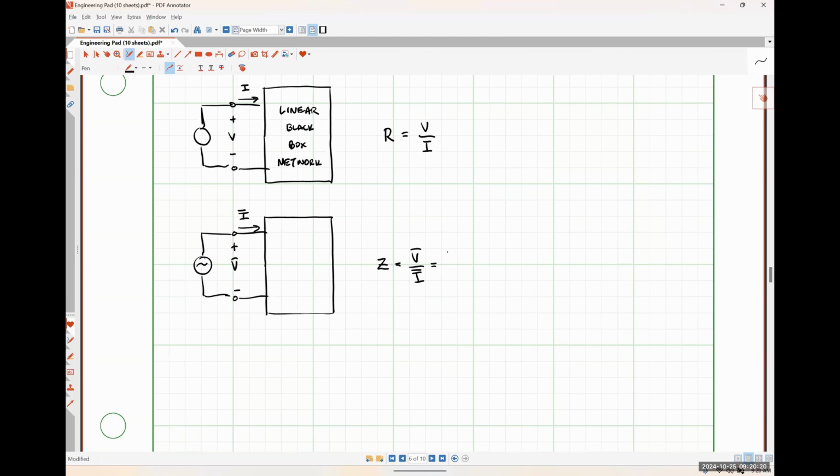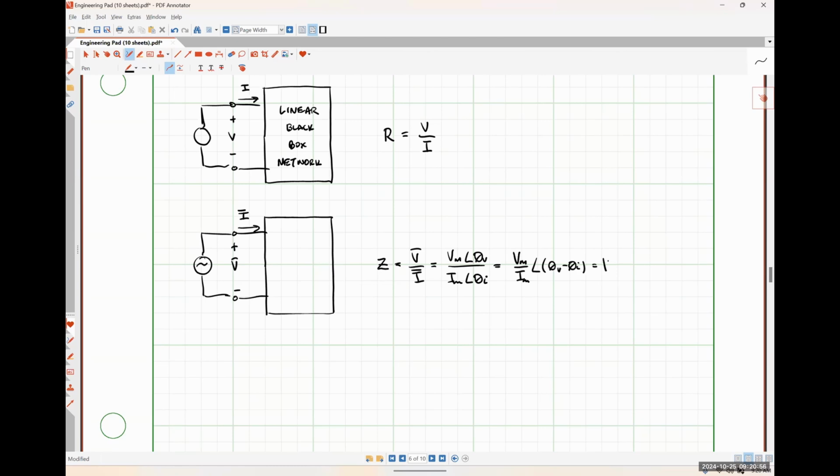So phasor voltage V is just Vm angle theta V, and phasor current I is just Im angle theta I. We learned in class on Wednesday that when dividing two complex numbers in polar form, this simply results in the magnitude of the numerator divided by the magnitude of the denominator, with an angle that is the difference.